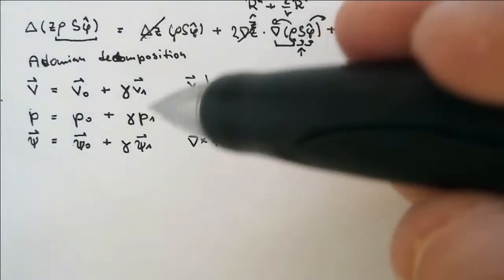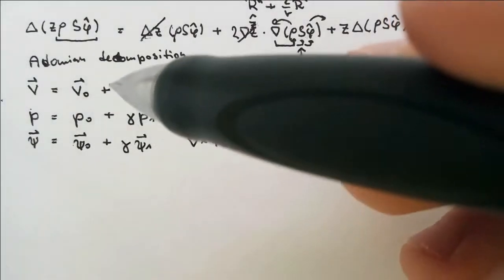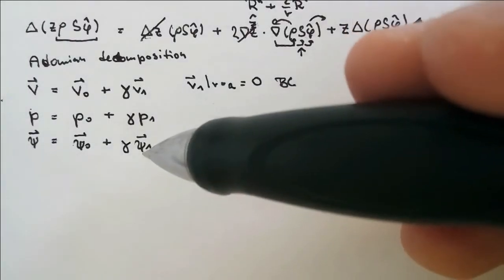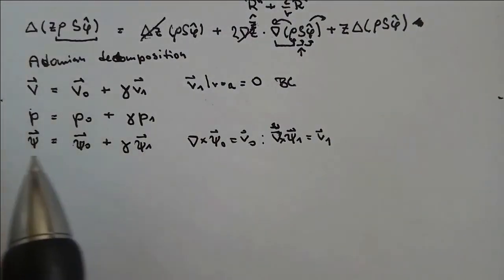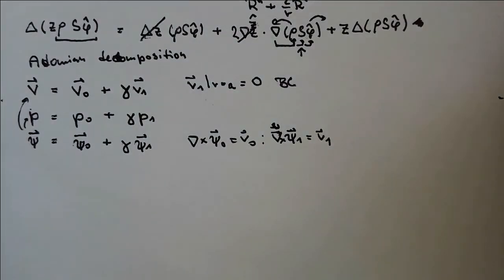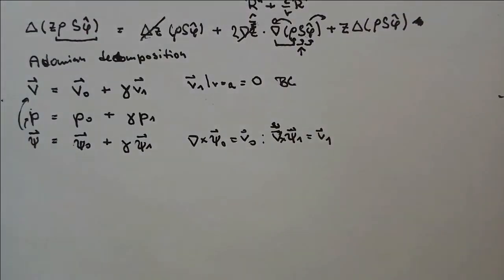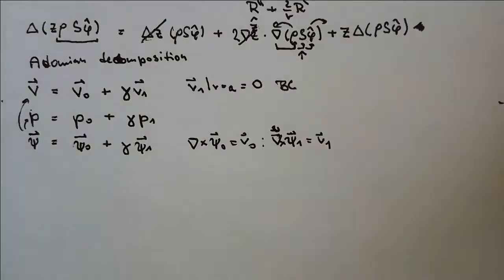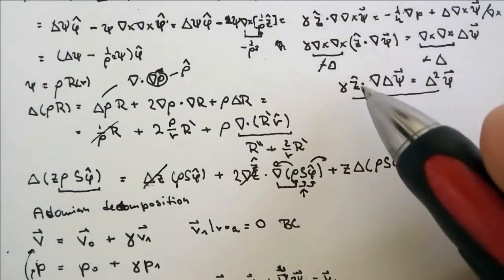So these are the equations. This is the method of Adomian decomposition. Now we will substitute this solution, or it's enough to substitute this solution, because you can get the velocity and the pressure from psi alone. So we will substitute as we have seen in the Stokes video. We will substitute this kind of solution in this equation.